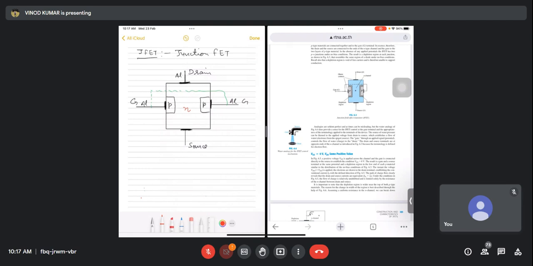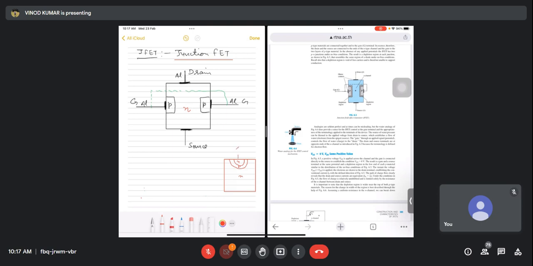So this is something like PNP type. It looks like that, but it's not like that. It is also unipolar. And BJT we know that it is something like this, PN like this.